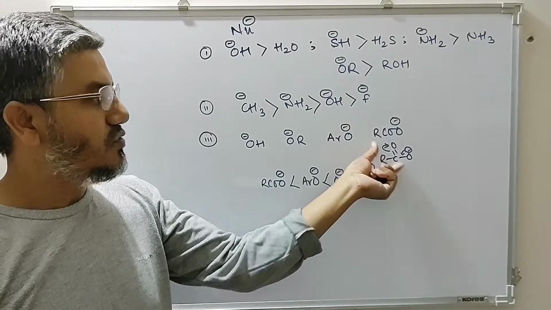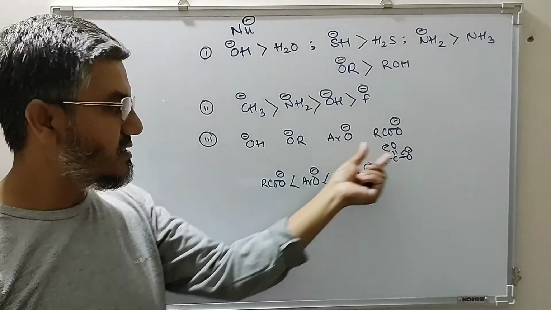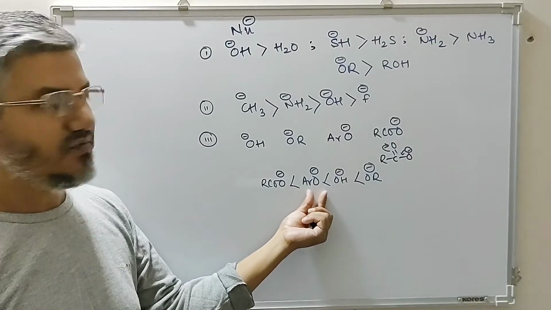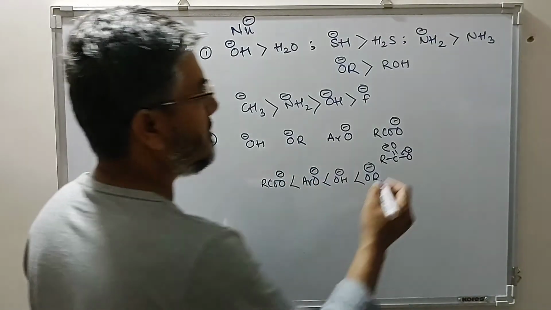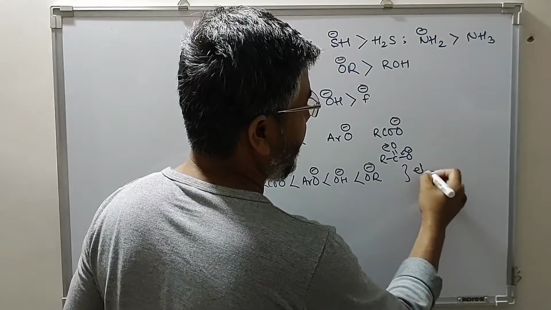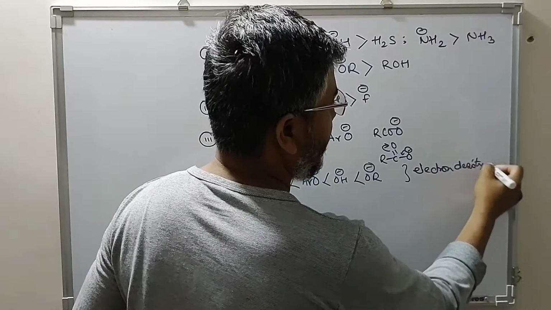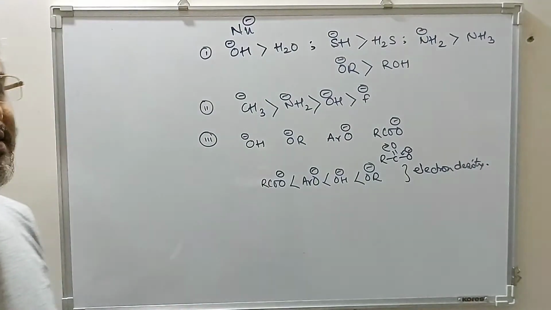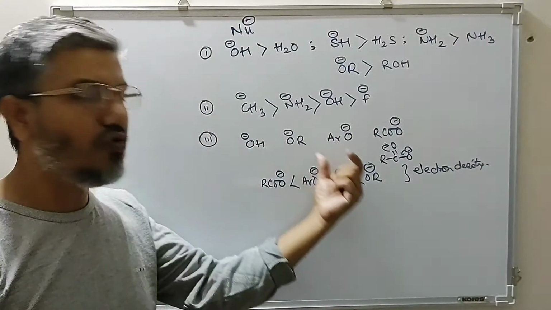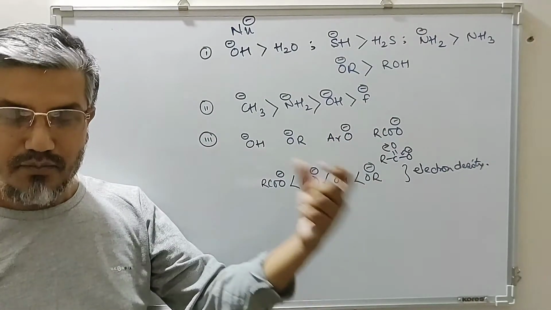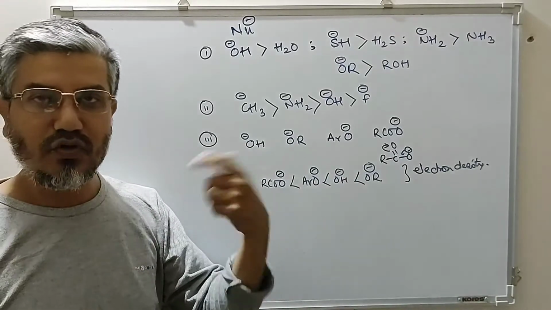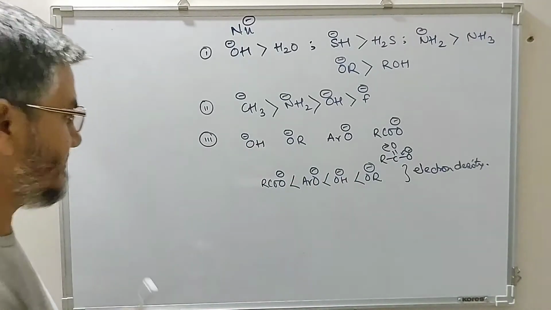So the carboxylate ion is less nucleophilic than the phenoxide ion. All this depends on electron density. As the electron density increases, nucleophilic character also increases, when the nucleophilic atoms are the same but there is a difference in electron density.